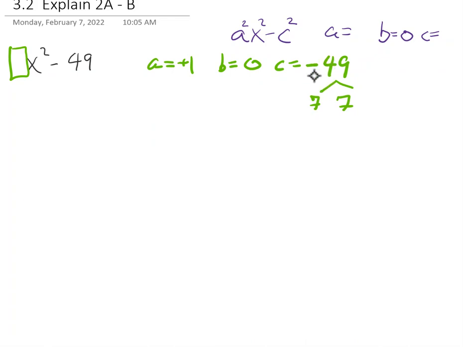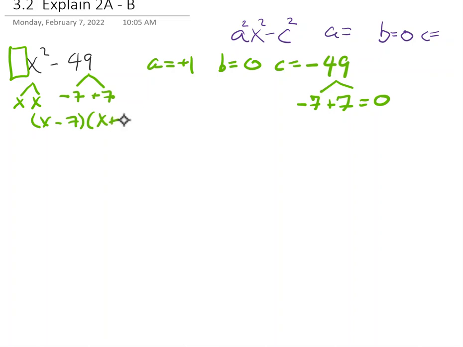But when I combine them, I know one is negative, one is positive. Well, when I do negative 7 plus 7, I get 0. And that's what I want for B. So I come over here and I say, all right, well, then I'm just going to do negative 7, positive 7, x and x.